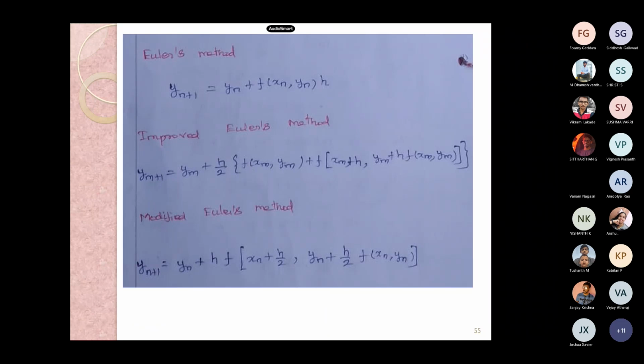And the rest of the topics are Euler's method, improved Euler method, and modified Euler method. First we'll approach the problems, and once the problem is over, then we will try to discuss the derivation. See, Euler's method: y(n+1) = yn + f(xn).